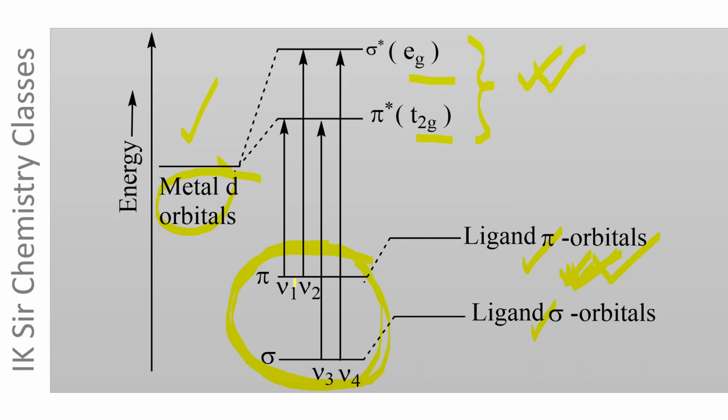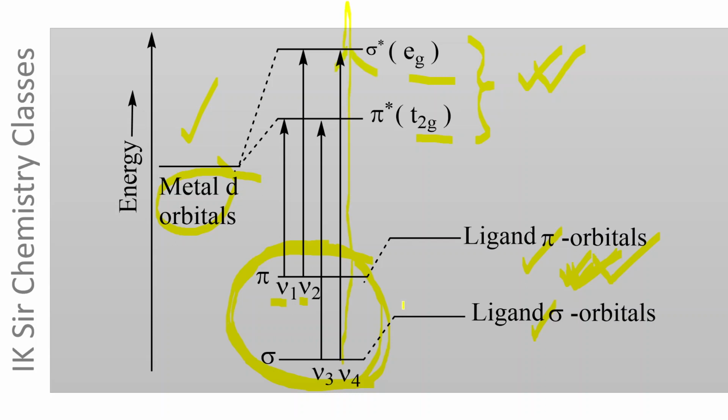These 4 transitions: pi bonding to pi anti-bonding is abbreviated as nu1. Pi bonding to sigma anti-bonding is abbreviated as nu2. Sigma bonding to pi anti-bonding charge transfer is abbreviated as nu3, and sigma bonding to sigma anti-bonding is abbreviated as nu4. It must be noted that this transition requires the maximum amount of energy.